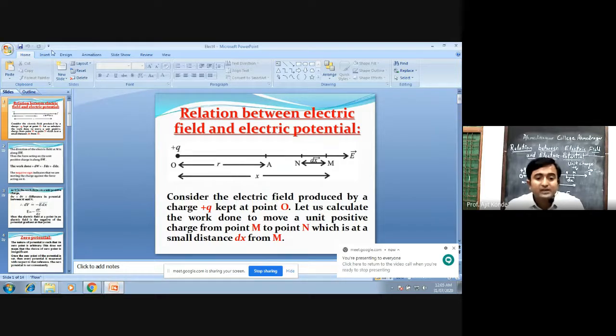What is the basic difference between these two? In the first we have Q upon r, in the second we have Q upon r square.